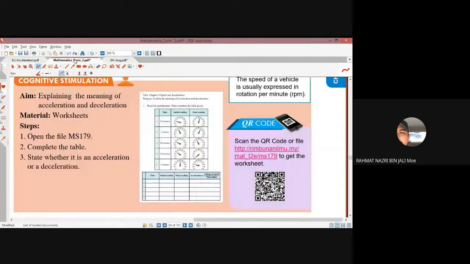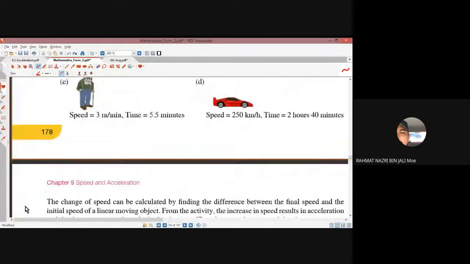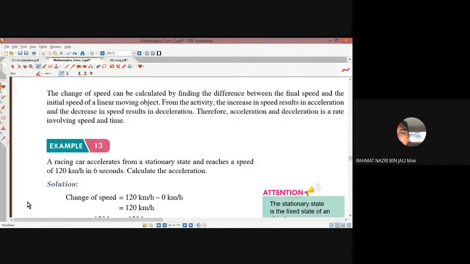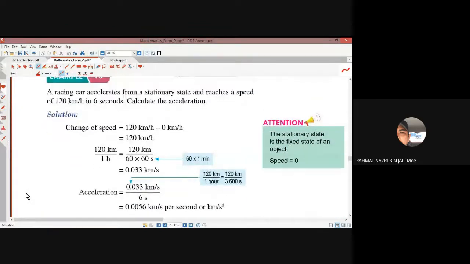Okay, next we discuss an example from your textbook, page 180. Example 13. A racing car accelerates from a stationary state and reaches a speed of 120 km/h in 6 seconds.